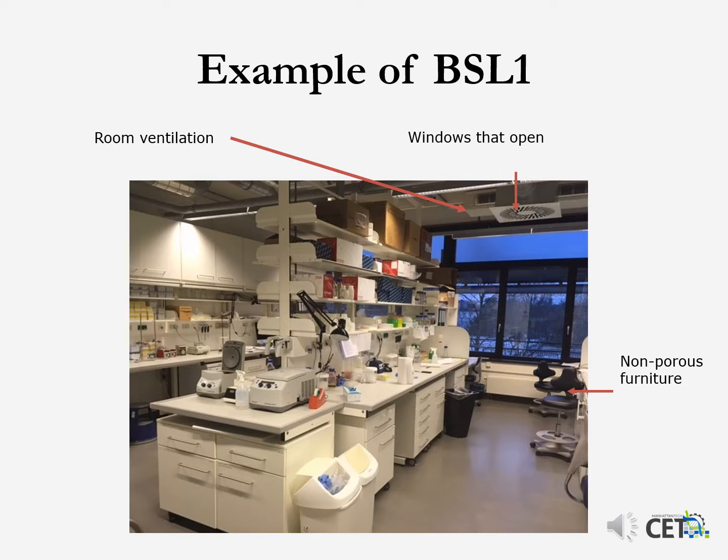It has normal construction, no unusual ventilation, no unusual floors, does not need to be separated from other rooms. Any safety that's needed in your kitchen is the same type of safety that's needed in this lab, and vice versa. Anything they do in that lab, you would be able to do in your kitchen. But that's the type of lab that's considered a BSL 1.